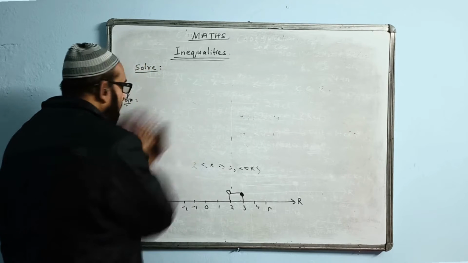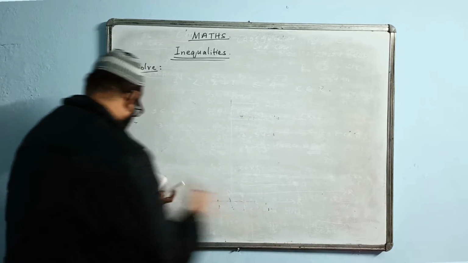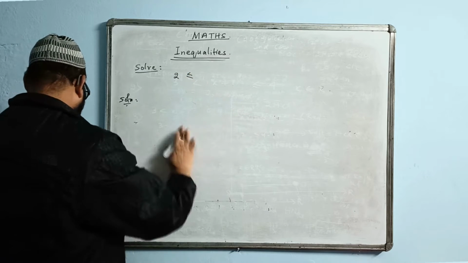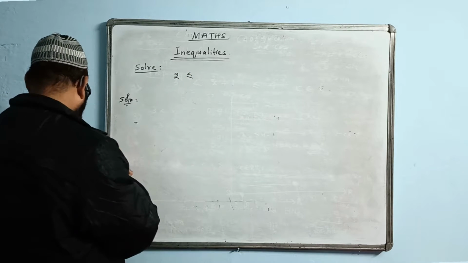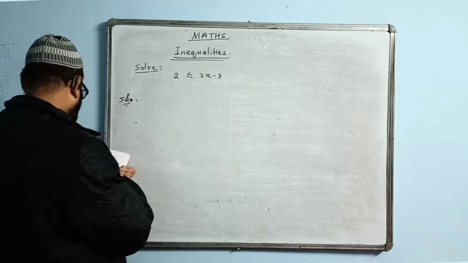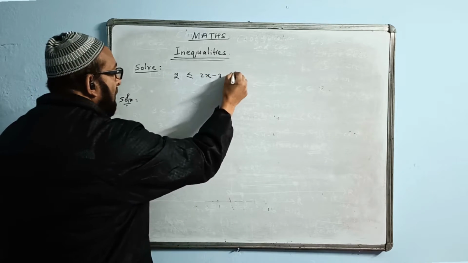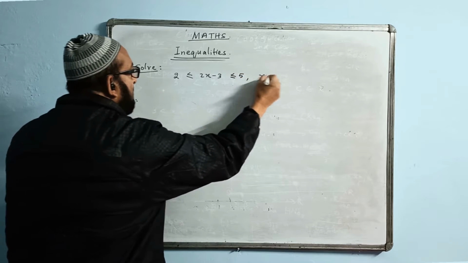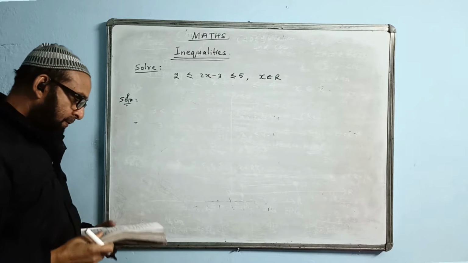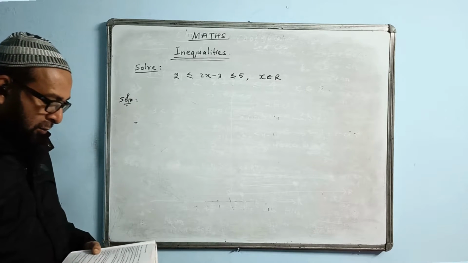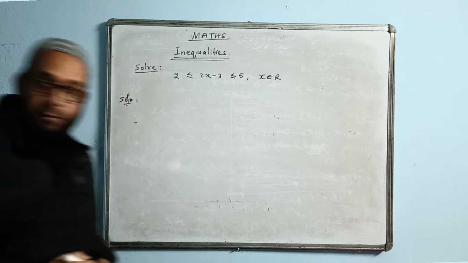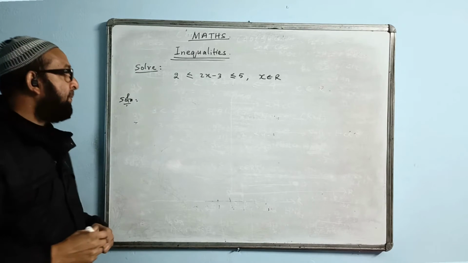Write in question: solve 2 less than equal to 2x minus 3 less than equal to 5 and x belongs to R, real number. And mark it on a number line. The question says that also: mark it on a number line. You have to draw a number line for this.